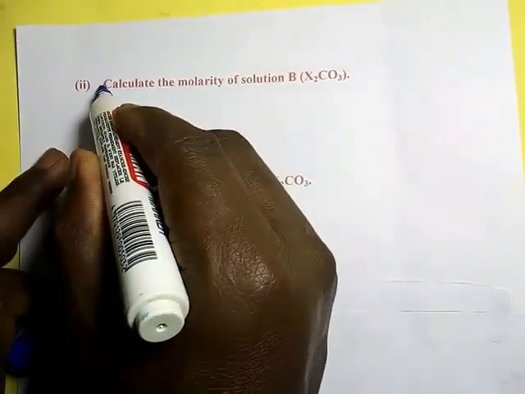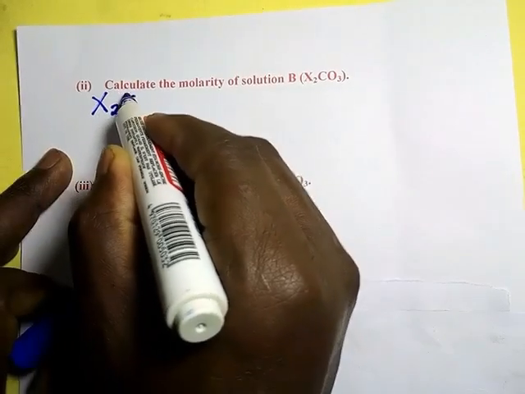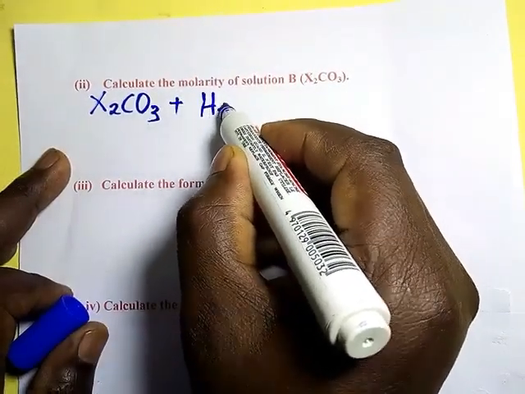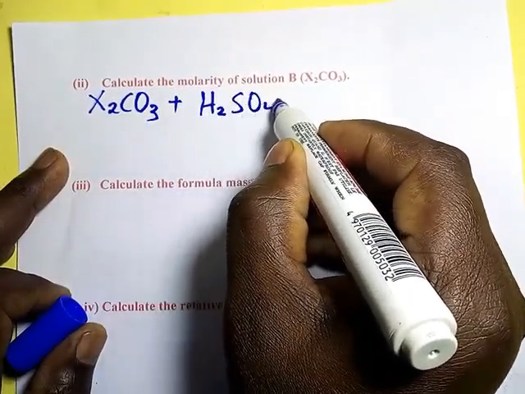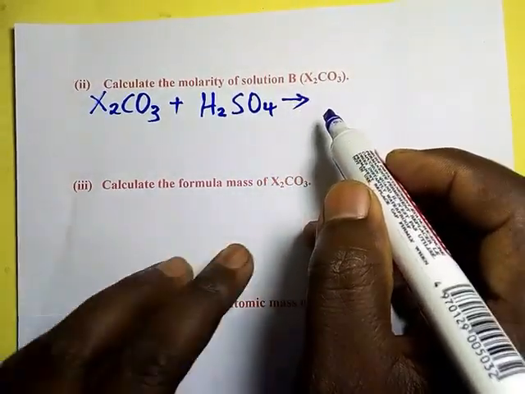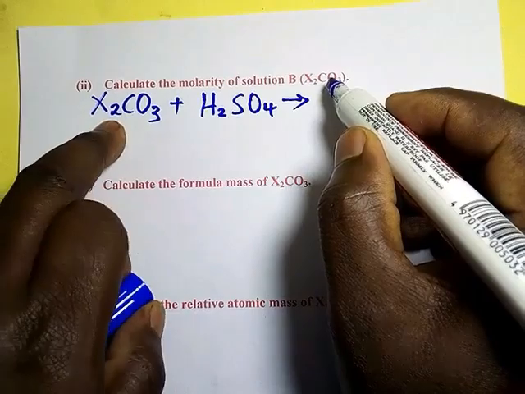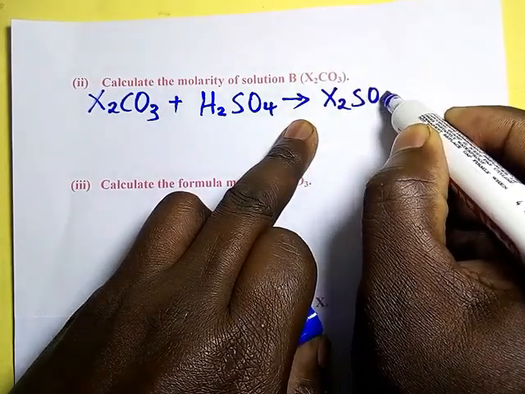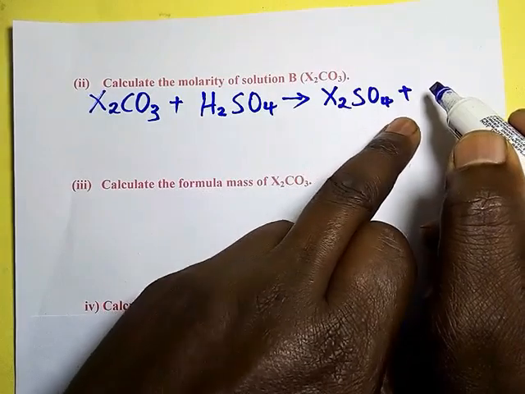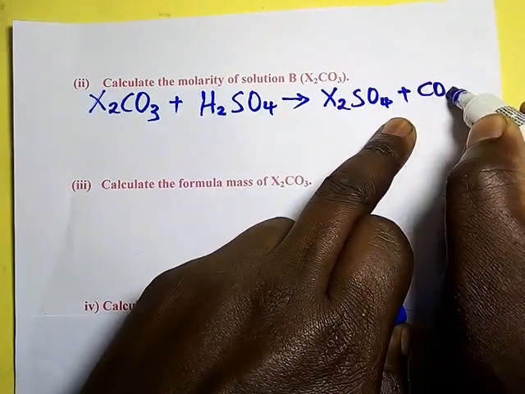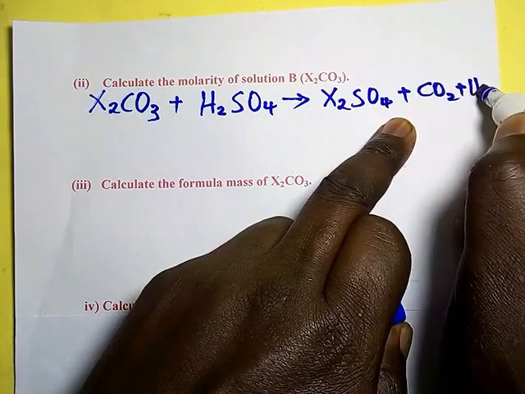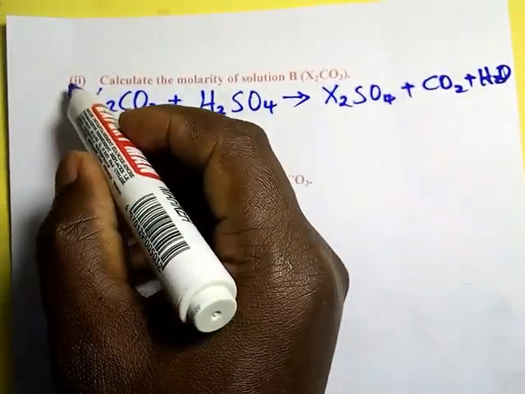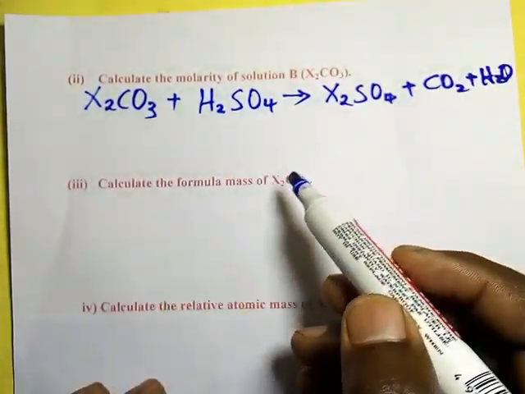So let us write the equation: X carbonate plus sulfuric acid gives us X sulfate plus CO2 plus water. So the ratio is 1 to 1, as you can see. Here is 1 and here is 1. The equation is already balanced.